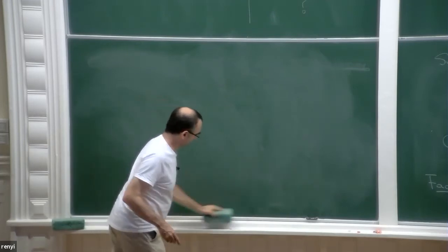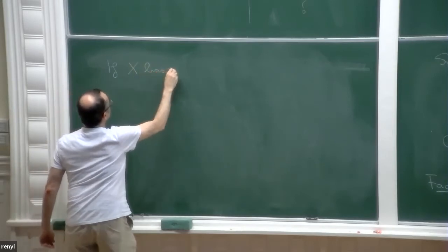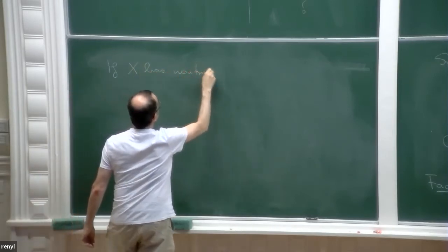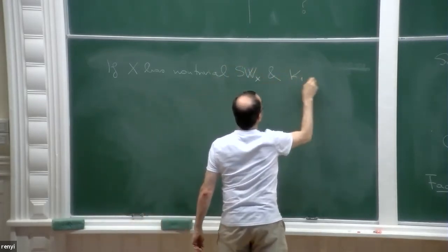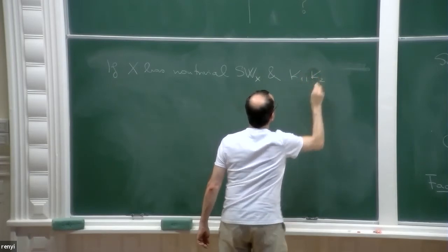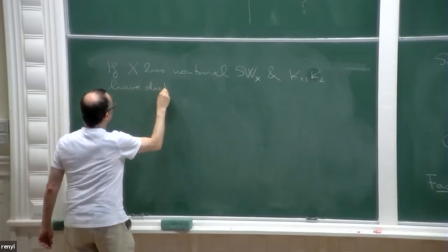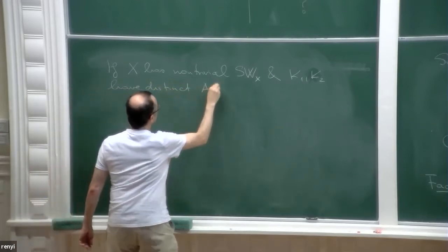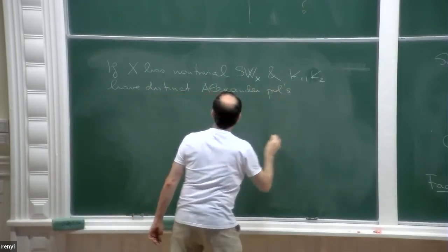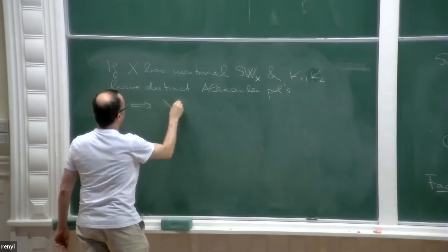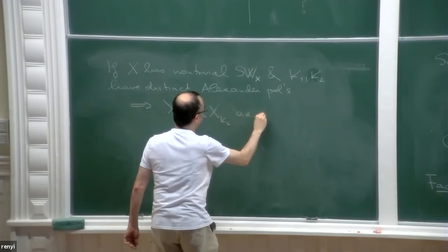If X has non-trivial Seiberg-Witten function and K1, K2 have distinct Alexander polynomials, then XK1 and XK2 are non-diffeomorphic.